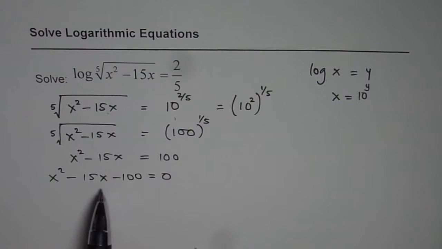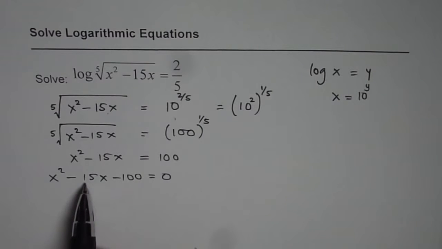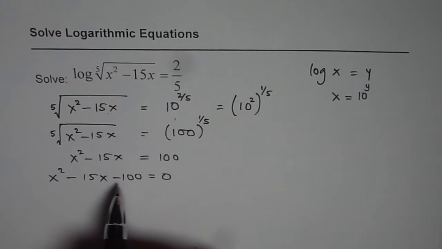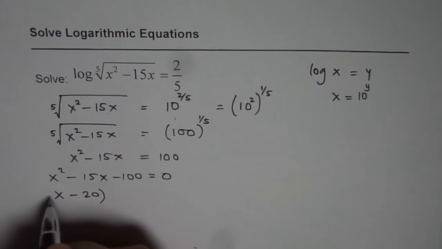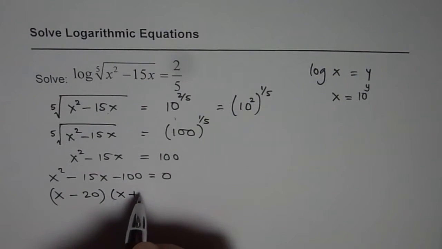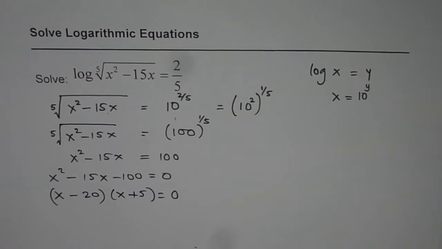You're looking for two numbers whose product is negative 100 and sum is negative 15. So both numbers should be of opposite sign, and the bigger number should be negative. So 20 and 5 will work. We can factor this as x minus 20 times x plus 5. That is the factored form.